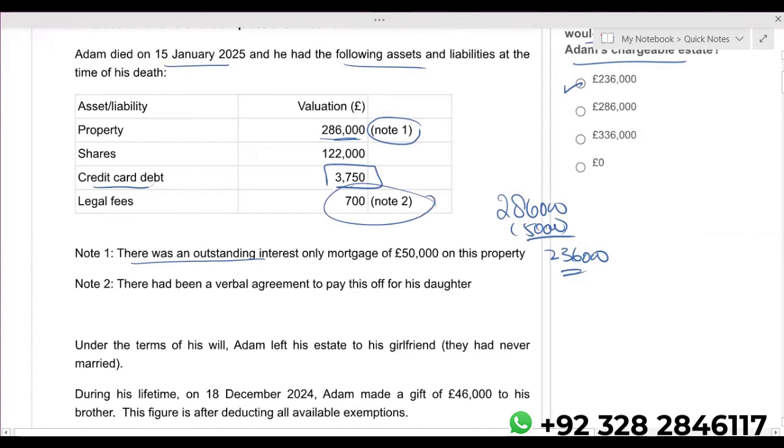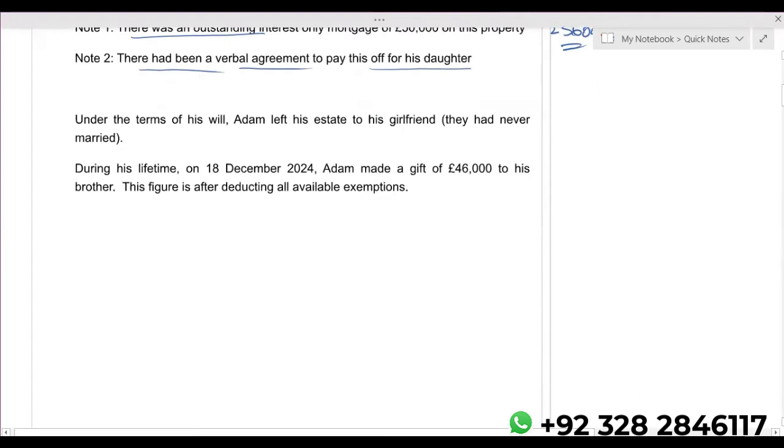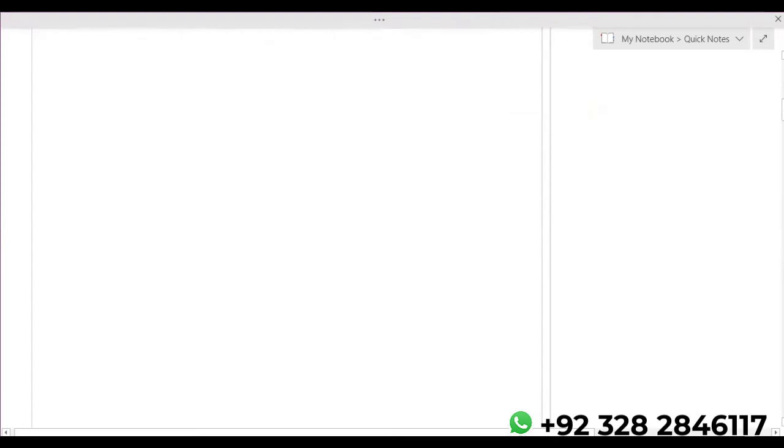Legal fees, note 2, let's see. There had been a verbal agreement to pay this off for his daughter. Actually, we don't take verbal agreement fees. We don't give verbal agreement exactly the same value which we give to a proper agreement. So legal fees which is coming just because of verbal agreement is not deductible.